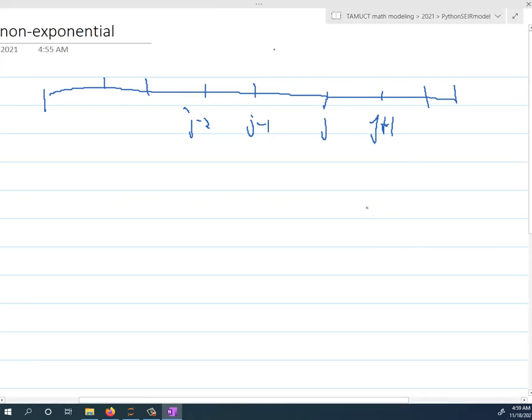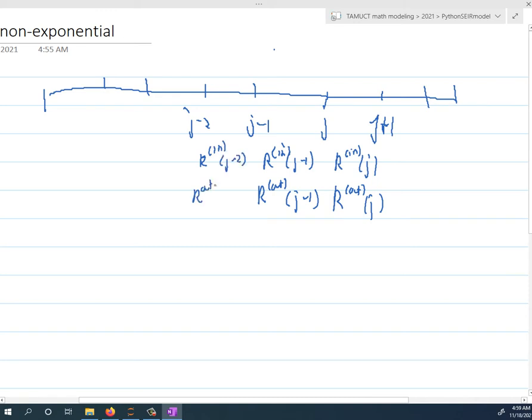So during this interval I have R in of j and R out of j. At this time I'll have R in of j minus 1 and R out of j minus 1. And let's do one more: R in of j minus 2 and R out of j minus 2.